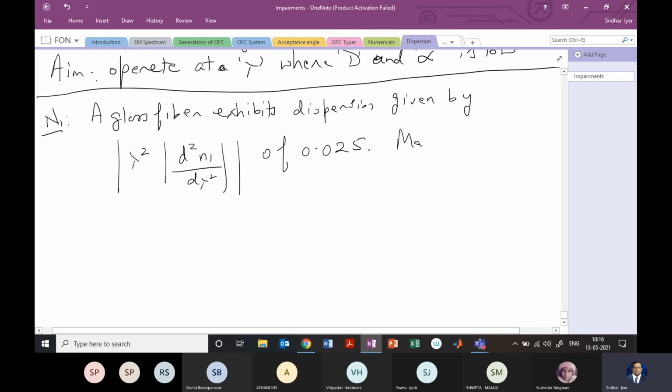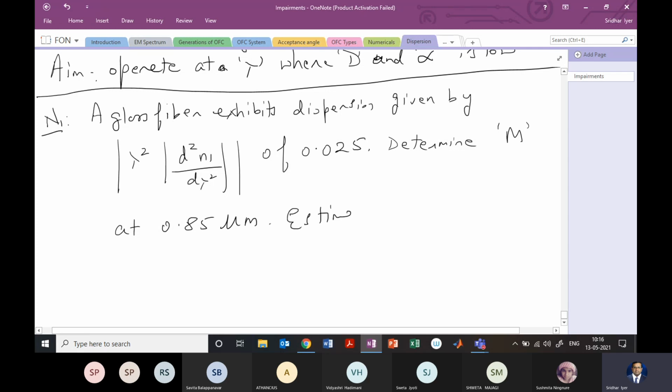Next statement: determine the material dispersion at 0.85 micrometer. That's the question, determine M, the material dispersion at 0.85 micrometer.